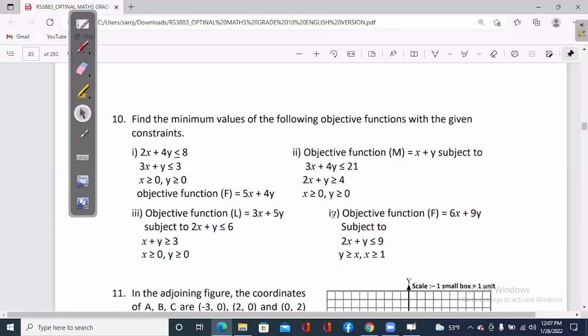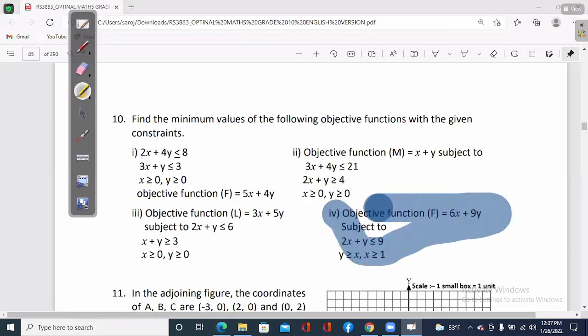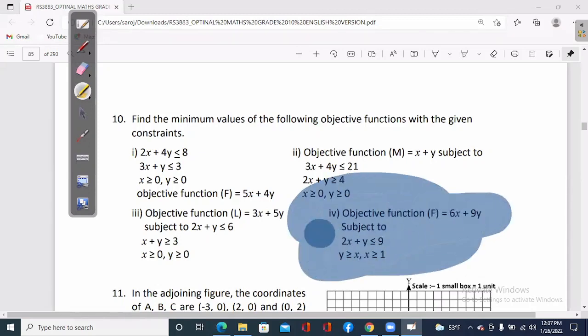Will you please copy the questions, all of you? Question number 10 IV. Let's copy the question, all of you.